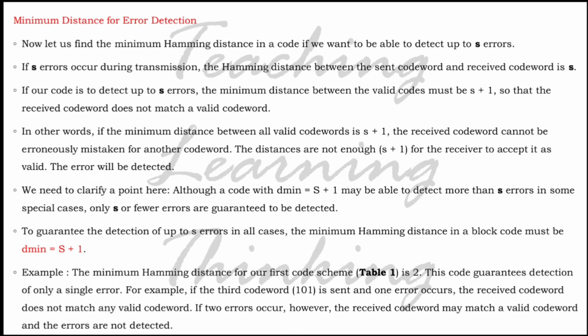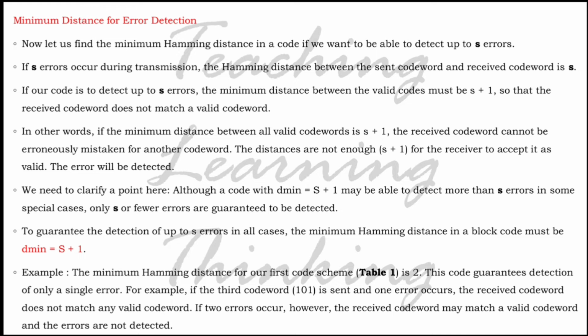Minimum distance for error detection: now let us find the minimum Hamming distance of the code if we want to be able to detect up to S errors.